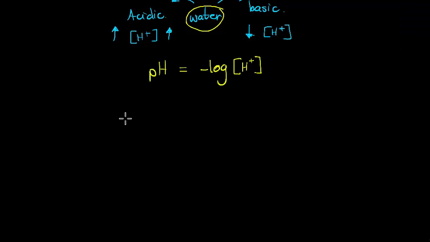If we look at the dissociation of water into its ions, we see that water dissociates into hydrogen and hydroxide ions, with the water being a liquid and the ions being in a solution, so they're aqueous. And notice that this is a reverse reaction.